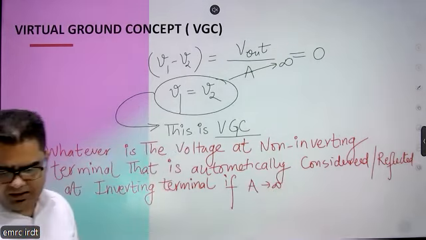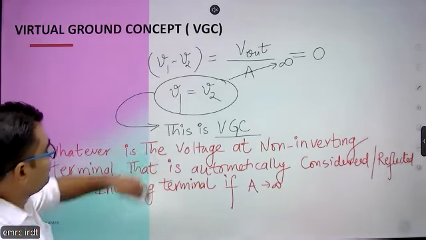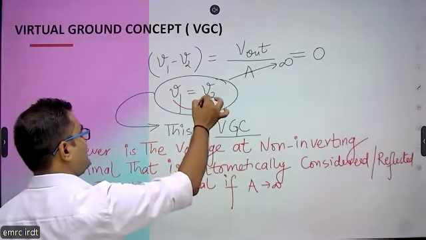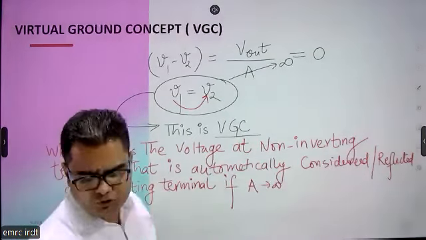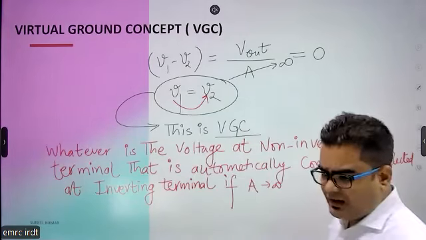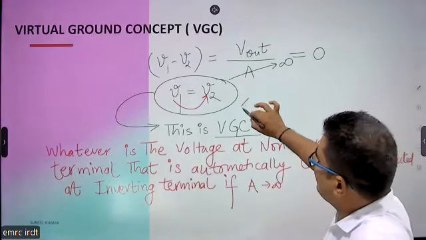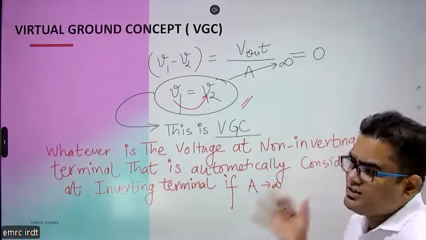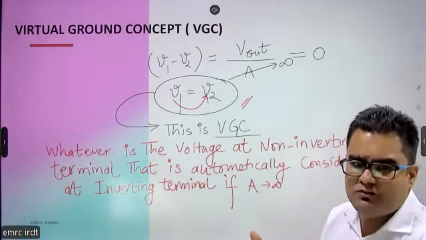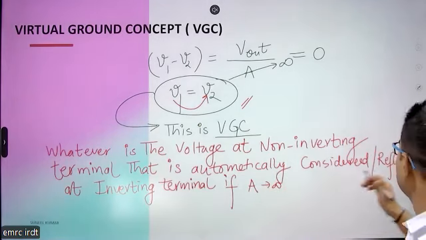If we are considering gain as infinite, then whatever voltage is present at the non-inverting terminal is automatically going to be reflected at the inverting terminal of the operational amplifier. So we are going to use this virtual ground condition for doing the analysis of different amplifiers, different linear applications.